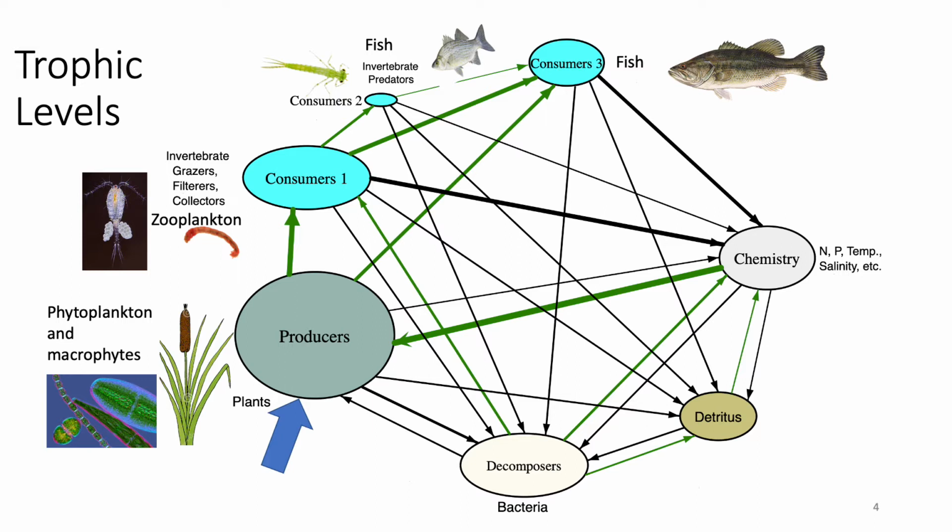Consumers 3 are fishes that feed on consumers 1 and 2 as well as producers. Producers are dependent on the chemistry of Utah Lake, particularly nitrogen, phosphorus, and temperature. The decomposers are mostly bacteria. All the groups interact and contribute to detritus. Of course, the food web is much more complicated than that illustrated.